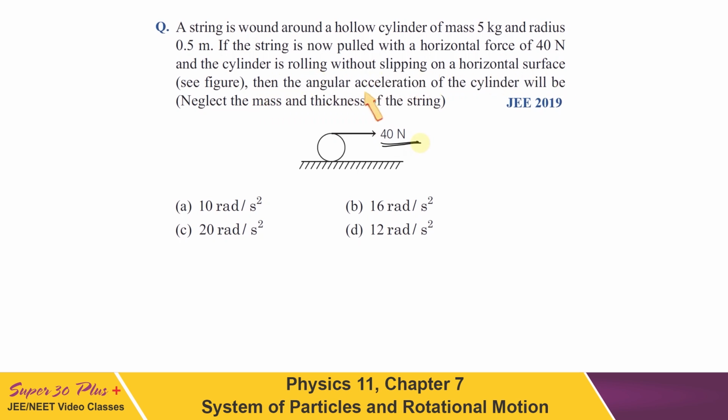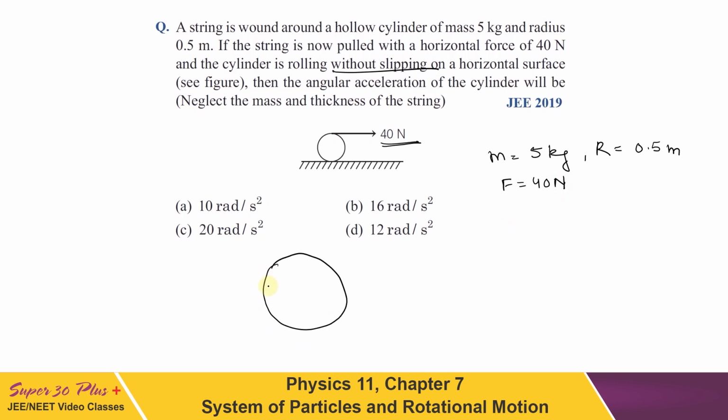Then angular acceleration of the cylinder will be, here m is given 5 kg, r is given 0.5 meter and horizontal force is 40 Newton. So, if the cylinder is rolling without slipping, which is already mentioned here, let us first draw an FBD.